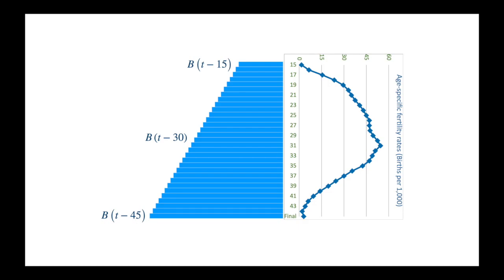Now we can treat the age as a variable and represent it by A. Now this represents the number of females born A years ago, assuming we are at time t.